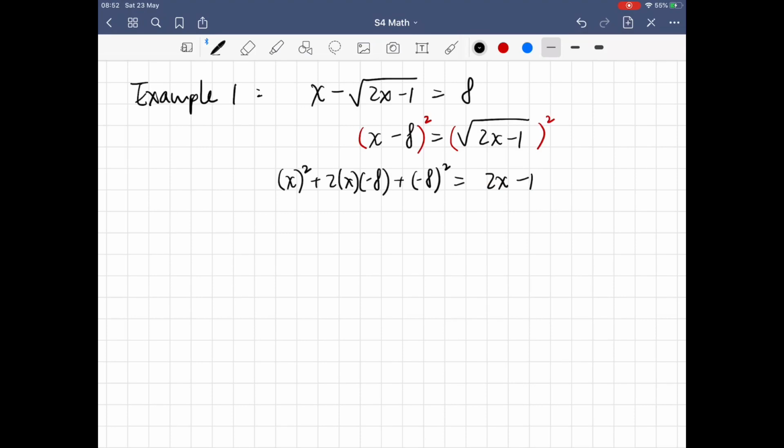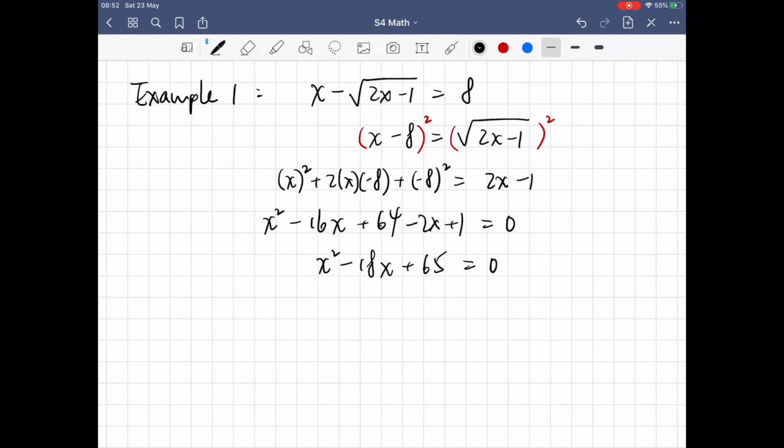So we have x squared minus 16x plus 64 minus 2x plus 1 equals 0. Then we can form a quadratic equation, and we have x squared minus 18x plus 65 equals 0.